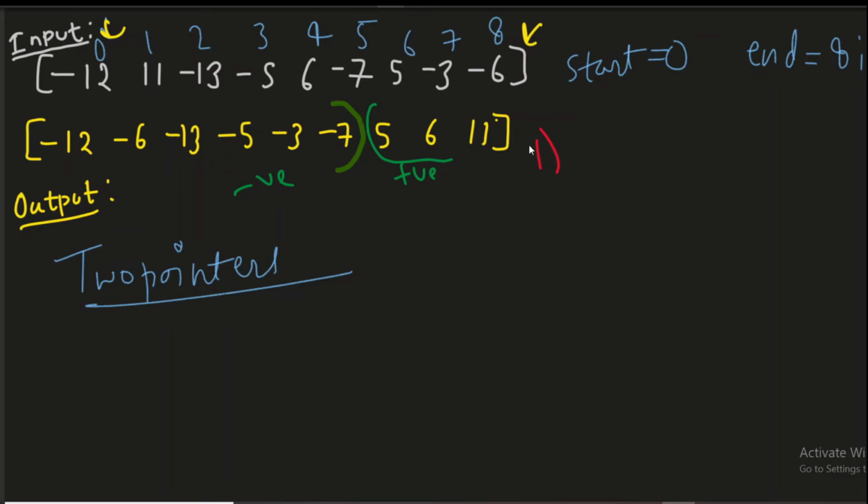First check is if both of these elements are negative, that means array at start and array at end are both negative elements, then I will simply increment my start pointer, because at the very beginning we should have negative elements, so we would just increase the start pointer by 1. So if my array at start is less than 0 and array at end is less than 0, if both are negative numbers, then I will simply do start++.